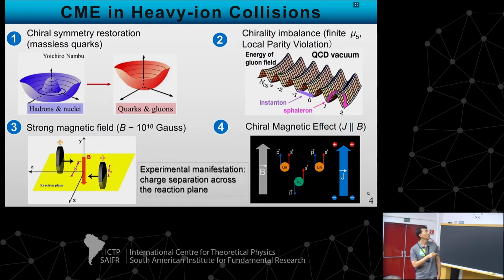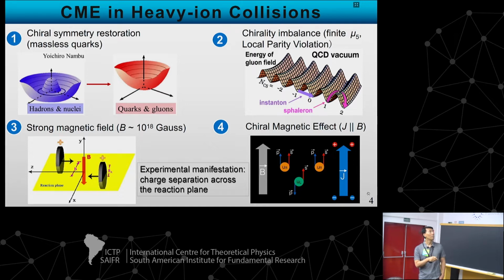First, if we have a deconfined system, the quark-gluon plasma, we could have chiral symmetry restoration. In this case, quarks become almost massless, and when you have massless quarks, you can talk about chirality and helicity. Then, if the whole system goes through some vacuum transition, you can have a finite chirality chemical potential.